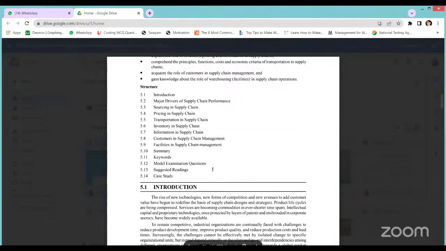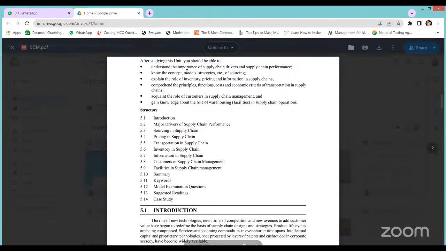Look at the objectives given here; learning is important from that perspective. Under this unit, you will understand the importance of supply chain drivers and supply chain performance. After that, you will understand the concept and model strategies of sourcing. After that, the role of inventory, pricing, and information in supply chain.